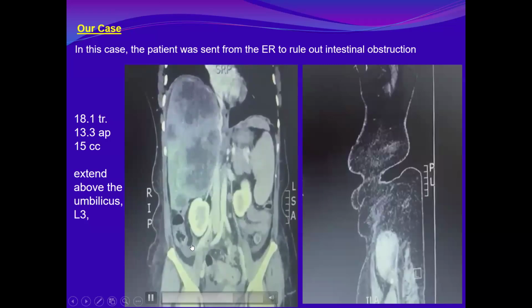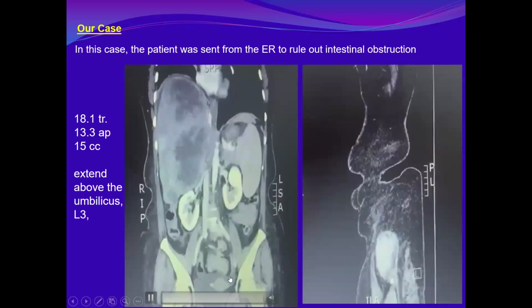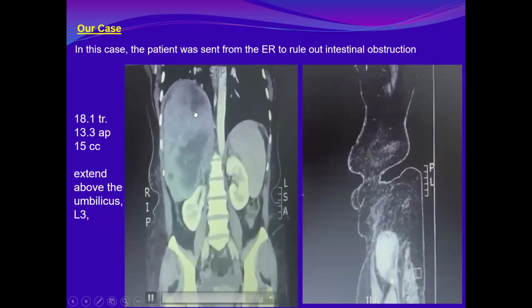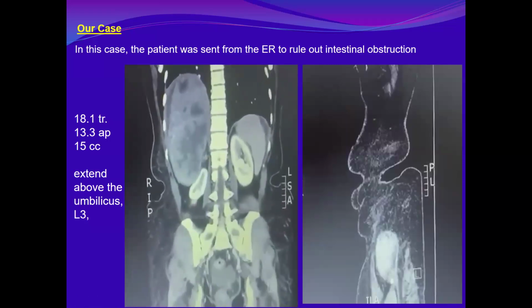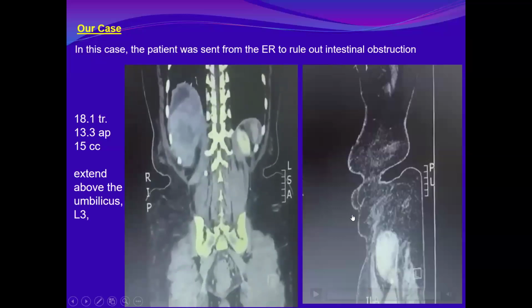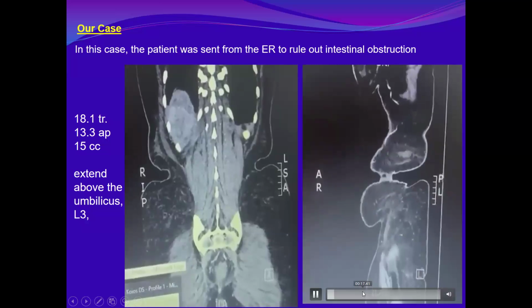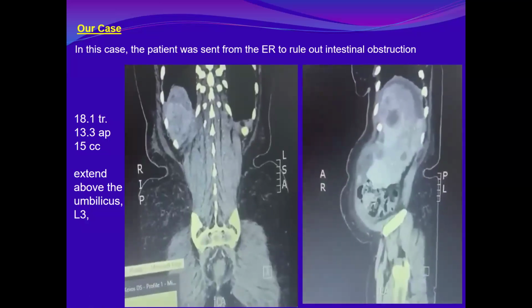And there is ascites, small ascites. And obviously here we can see extensive liver metastasis, with elevated right hemidiaphragm, and even the diaphragm is seen to be infiltrated, invaded.